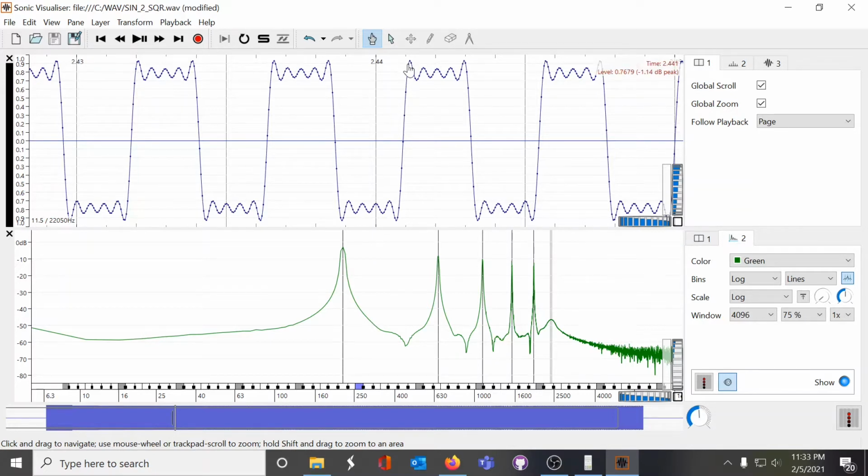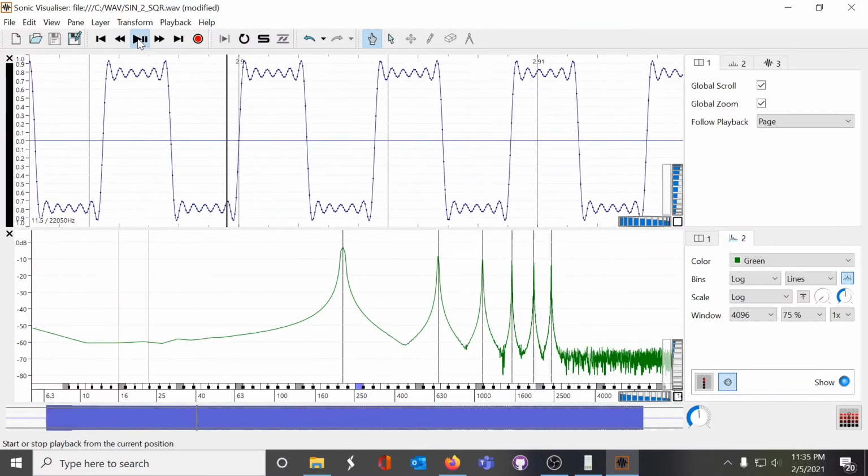Again, as before, we can see that the edge is becoming steeper and our top is becoming more square-like. In the time domain, we can see that this rising edge is becoming steeper and the top of the waveform is becoming more flat. We add more harmonics.